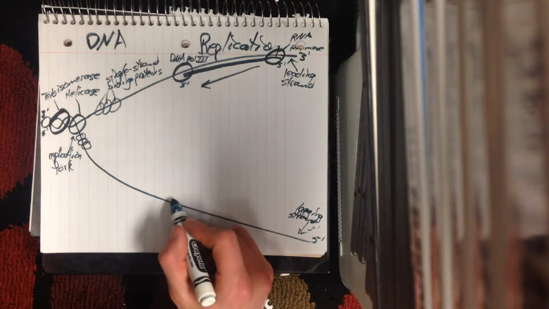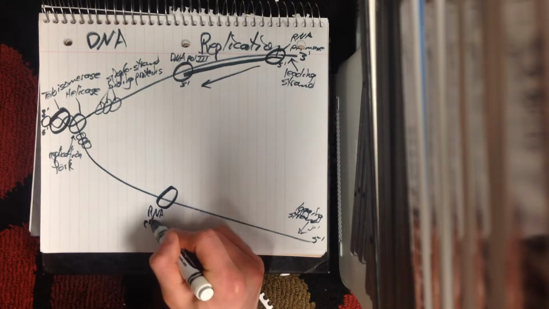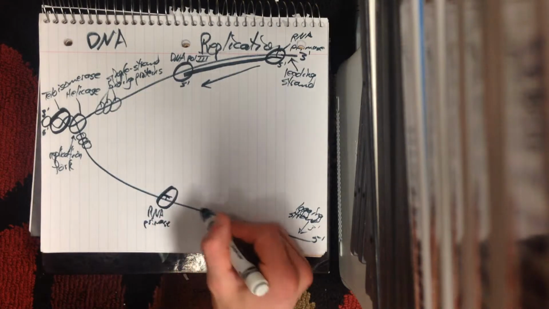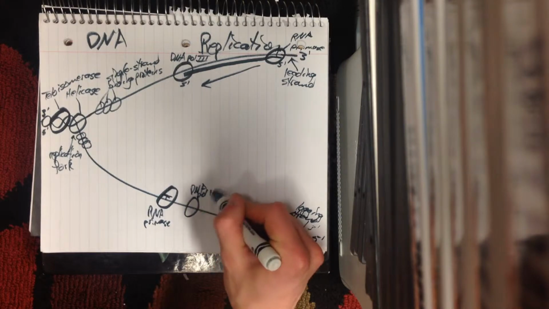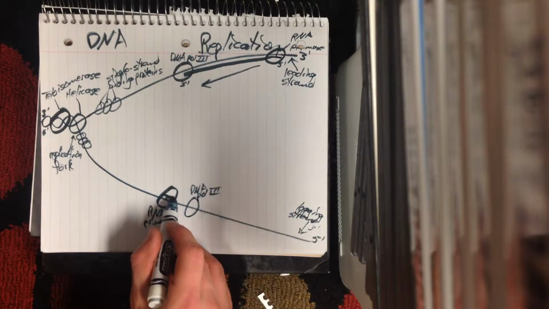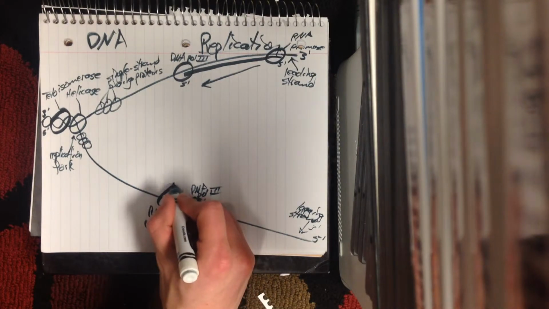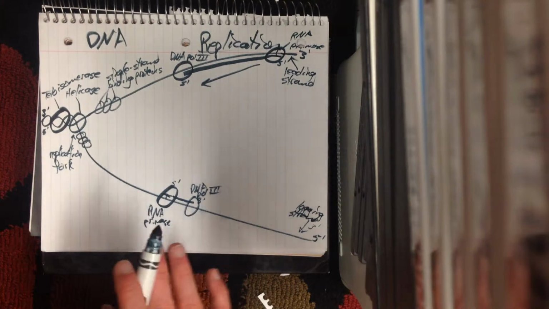What happens is you put on another RNA primase down on this strand, which then of course puts down the primer, and then again you use the DNA polymerase 3 to add on the nucleotides as you go in the 3' direction, which is all correct, 5' to 3' direction, adding on only to the 3' end because that's the only thing that's possible.